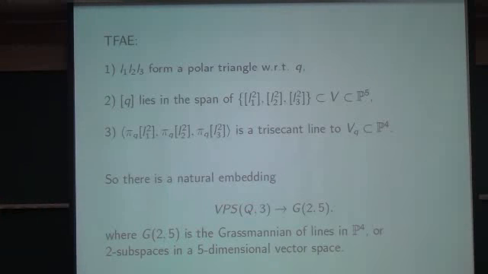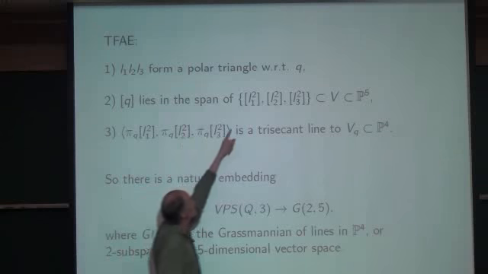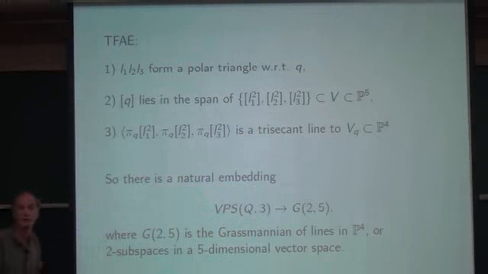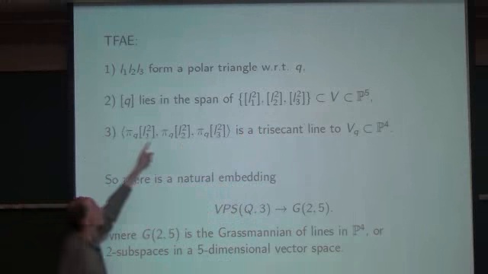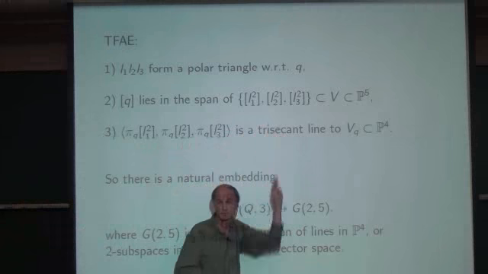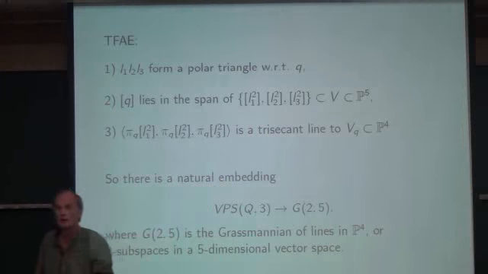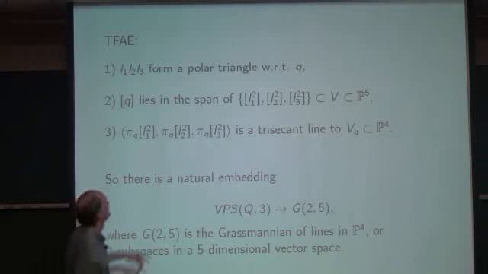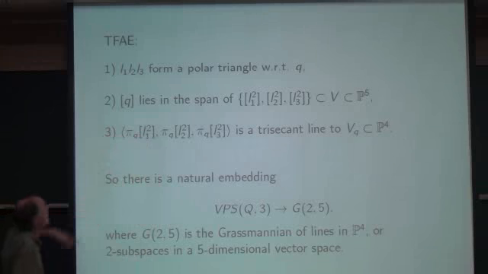So if I think of all these elements as points in P5, I know that q lies in the linear span of these 3 points, these 3 squares. That's the same as saying that q can be written as a linear combination of these 3. And since I'm over the complex numbers, I can put the coefficients inside the squares, and I get the sum of squares this way. So that's 1 to 2.